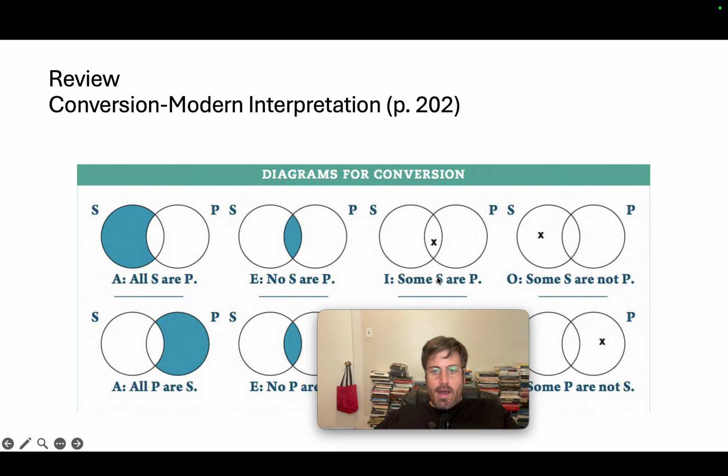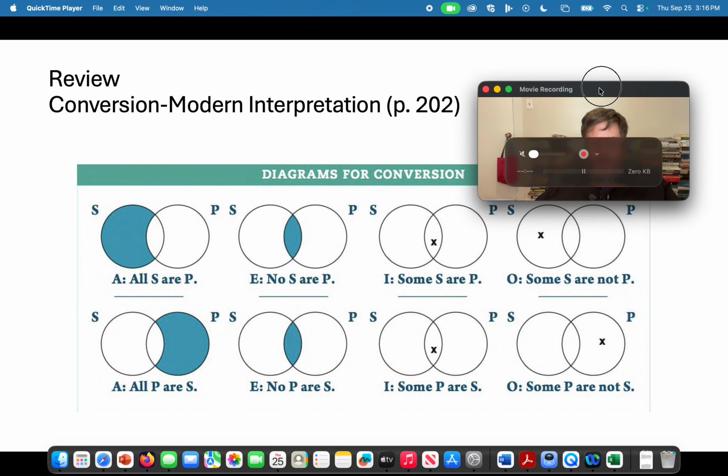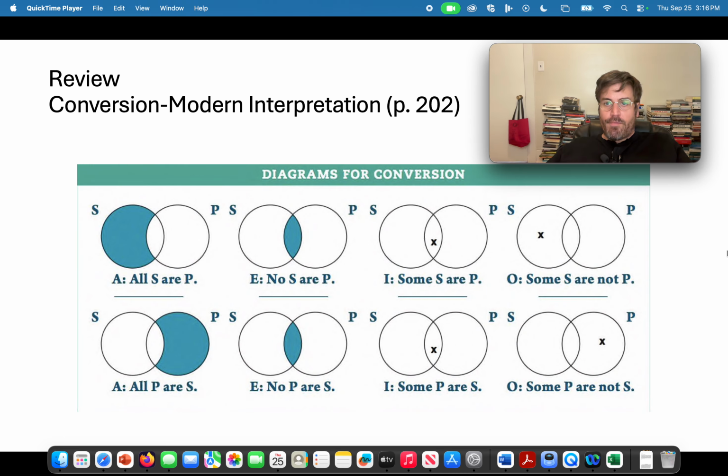Okay, so last time we sort of walked through the immediate inferences as they appear on the Venn diagram. Conversion, if you recall, is an immediate inference we can make with a single sentence if it's a standard form categorical proposition. So conversion is the switching of subject and predicate classes for any standard form categorical proposition. And these are the Venn diagrams for all converted forms.